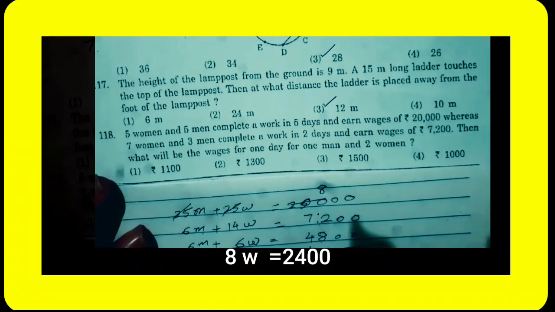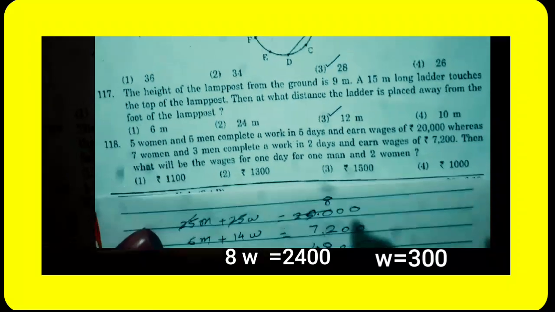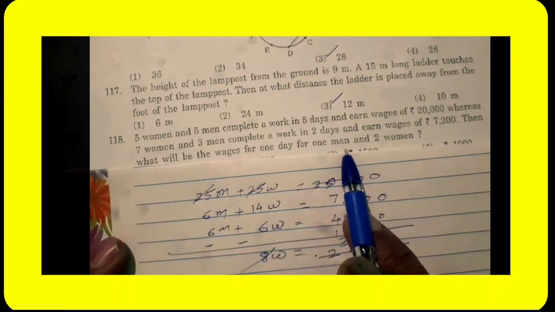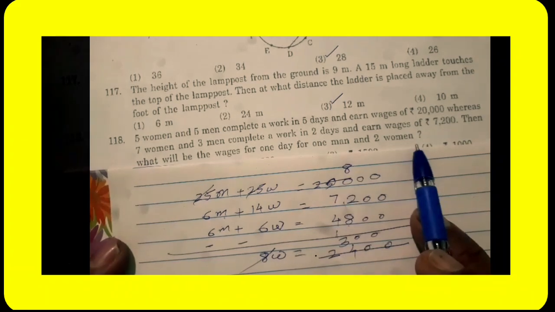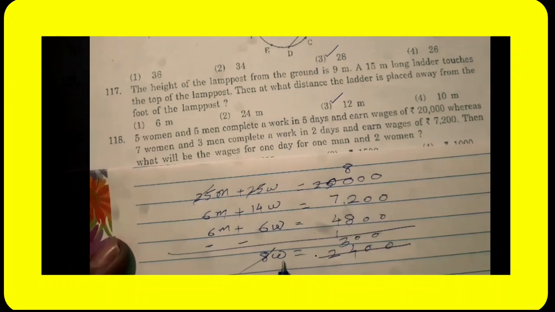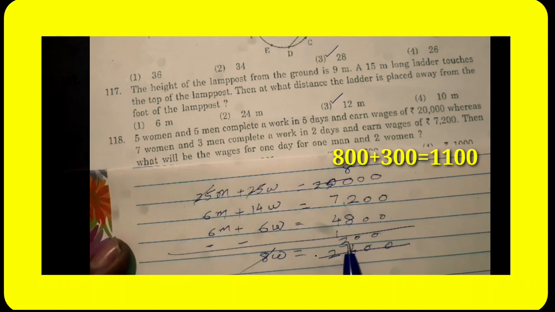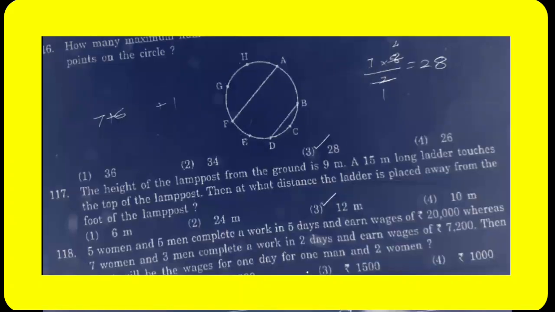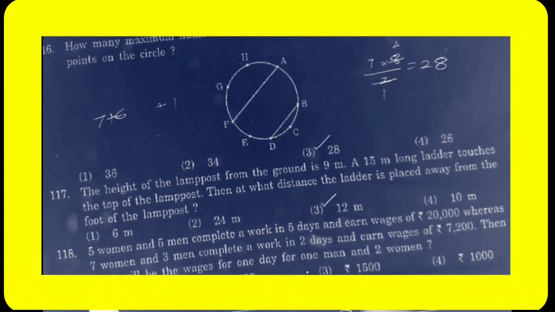That is 8 times 3 is 24. Now 1 man and 2 women. 1 man, 1 woman plus 1 woman. That is 2 men. 800 plus 300 is equal to 1100. 8 is our answer.